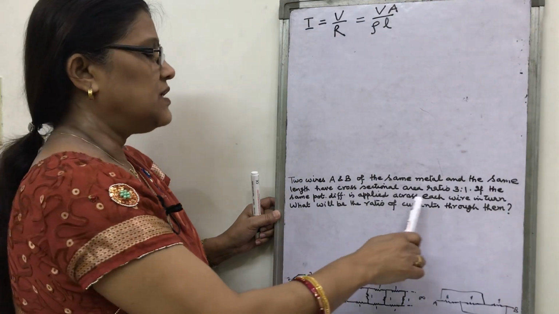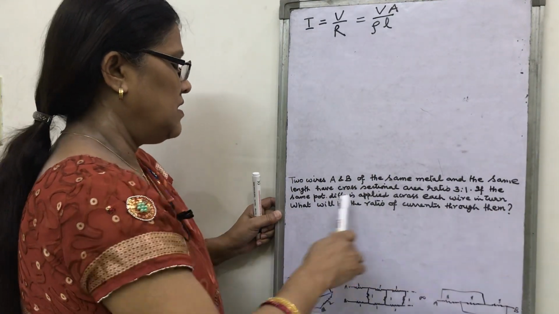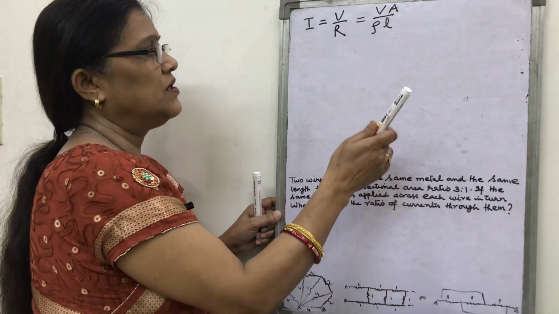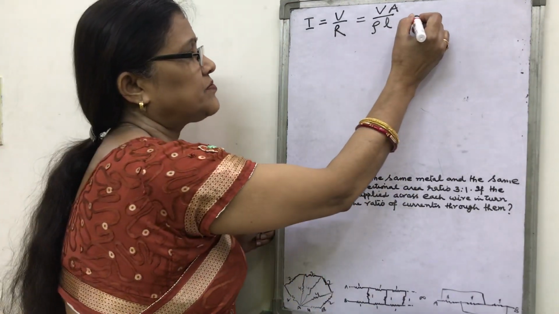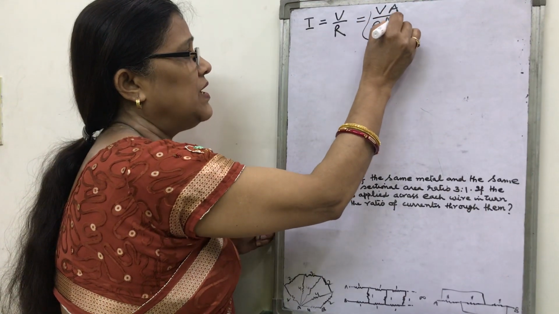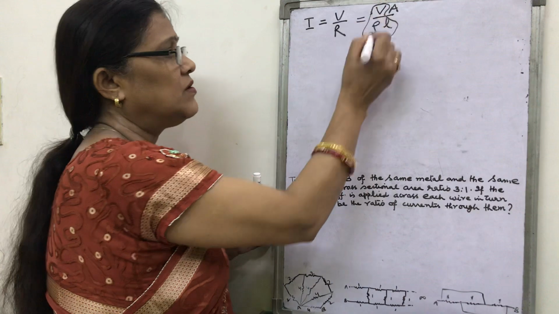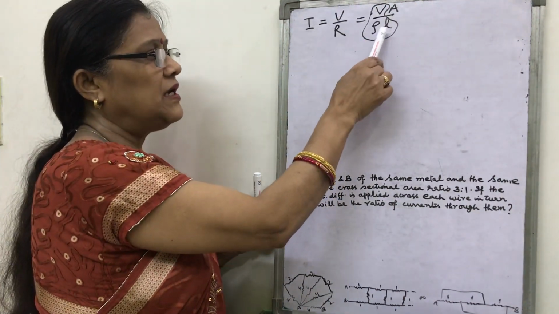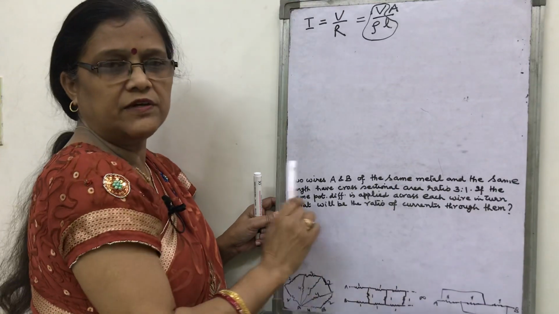So it is asked that the ratio of cross sectional area is 3:1. If you see here, for the wires these three things are constant. What are the three things? Same potential difference, same metal and same length, as it is given in the question.